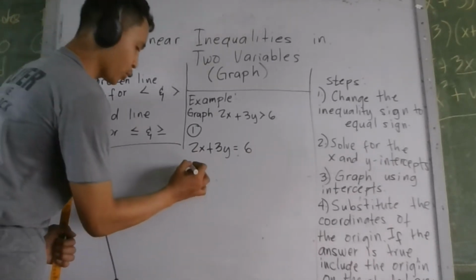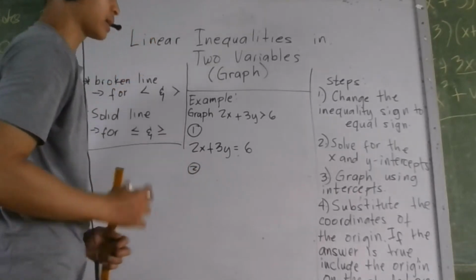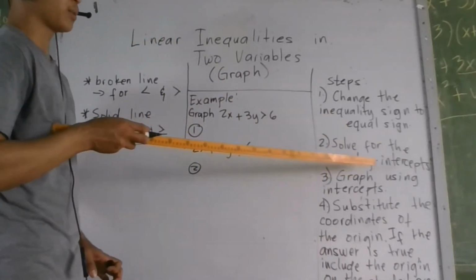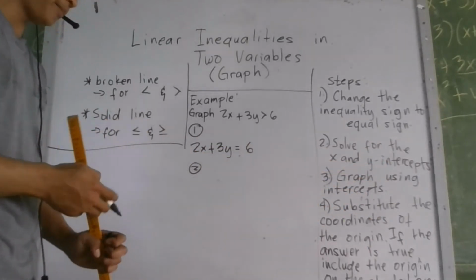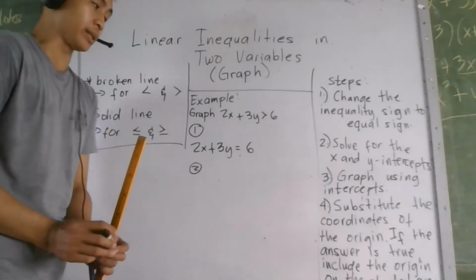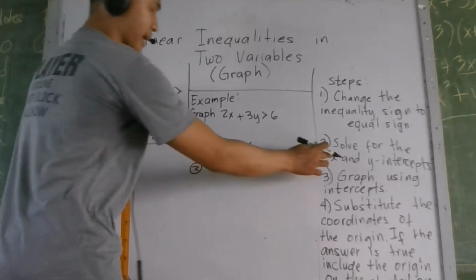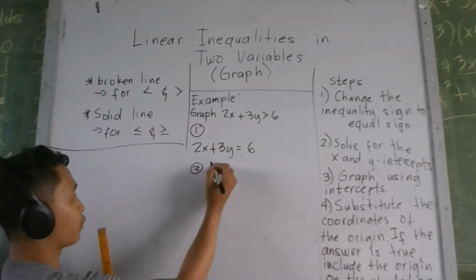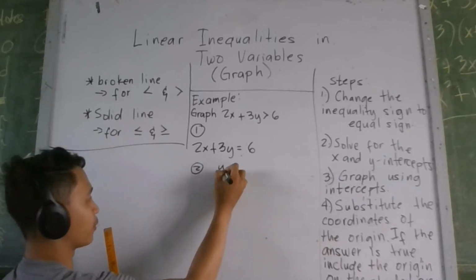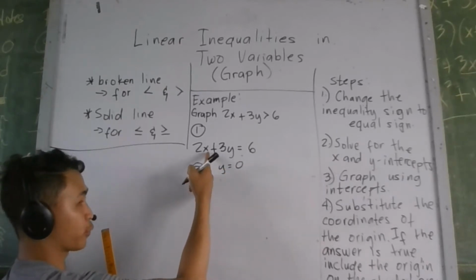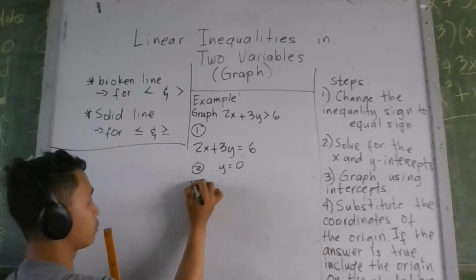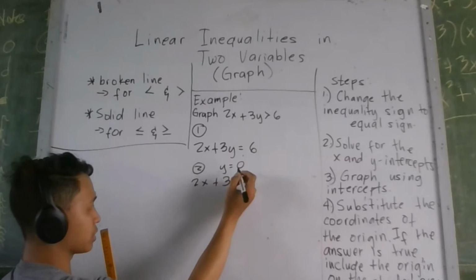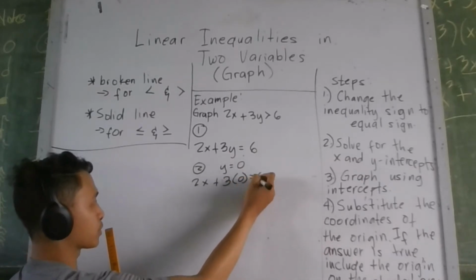What is step 2? Step 2 natin, students, is solve for the x and y intercepts. Okay? Now, to solve for the x intercept, we will make y equal to 0. So, if y equals 0, that would be 2x plus 3 times y, which is 0, is equal to 6, right?